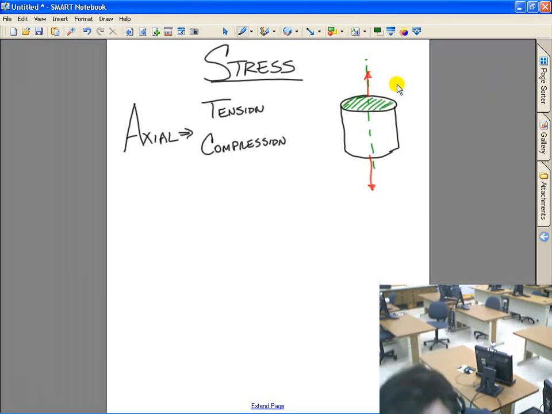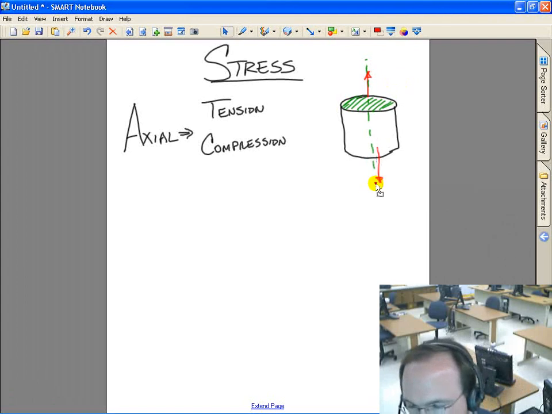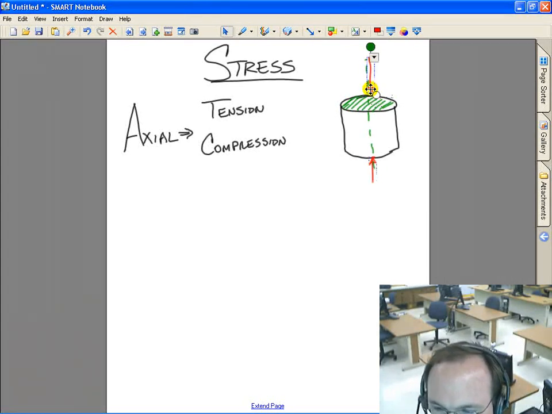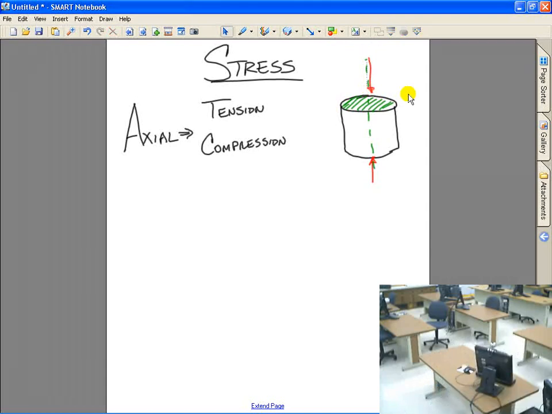And so you take this cross section, let's say it was a concrete cylinder, and we're going to compress it. So let's take this concrete cylinder, we'll say it's a 6-inch diameter, and we're going to put 80,000 pounds of force on it.